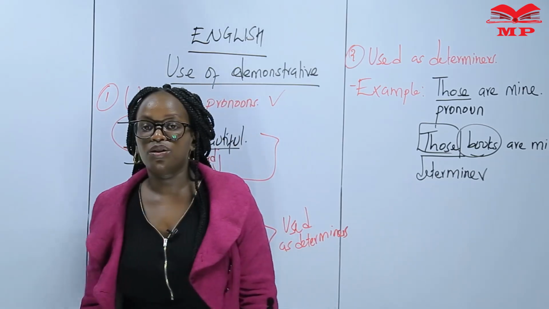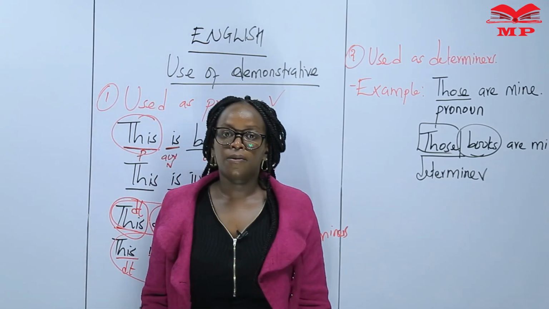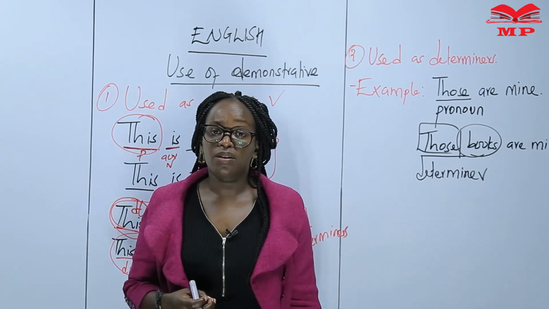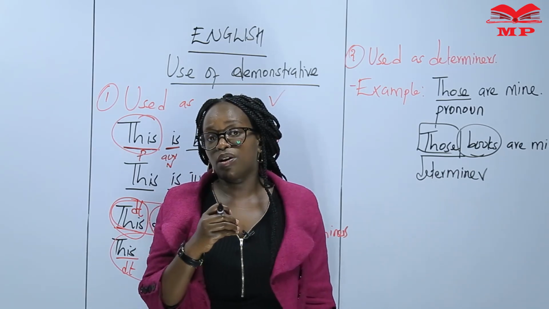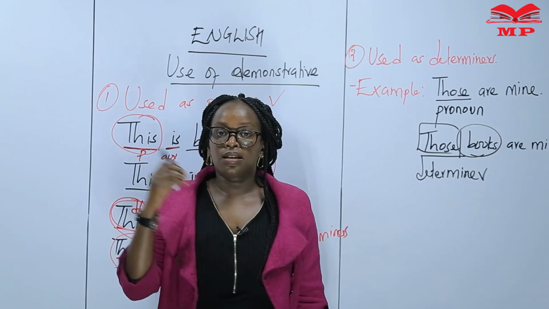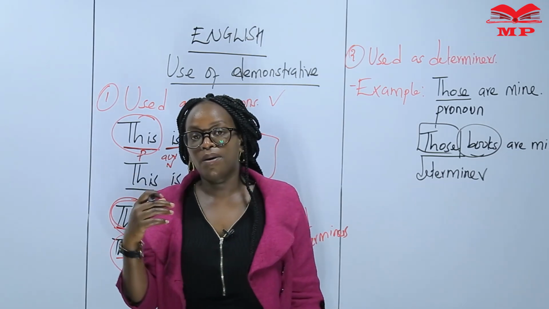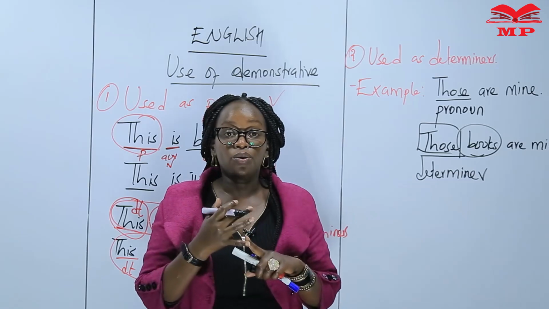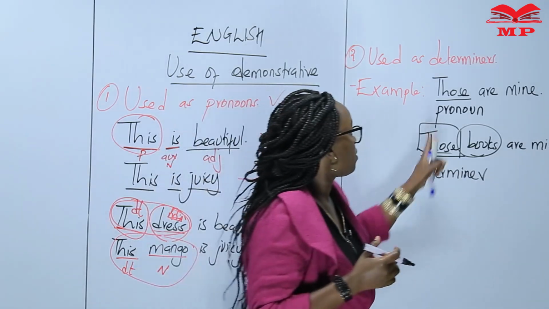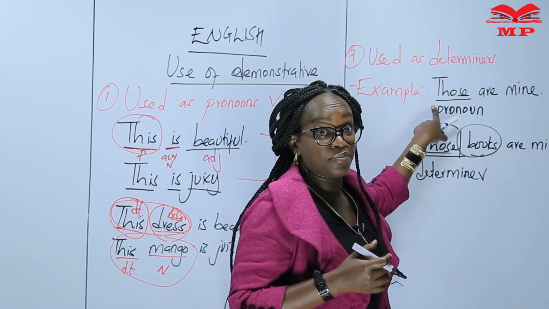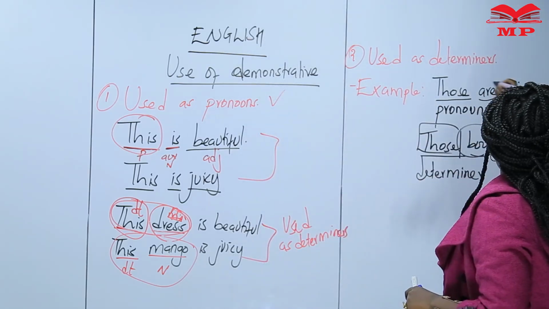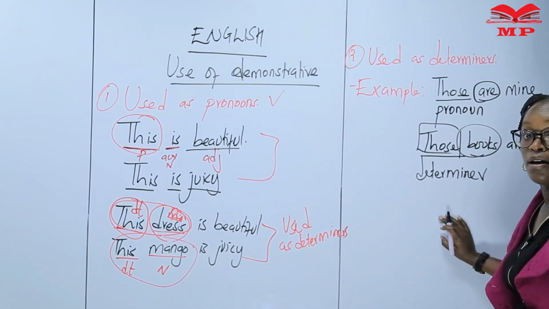Then something else that you need to know in regards to determiners, just as we mentioned in regards to other pronouns, is that you have to make sure that there is subject-verb agreement. If your subject is plural, for example here, this is a subject that is in plural, therefore we have used a verb that is also in plural.